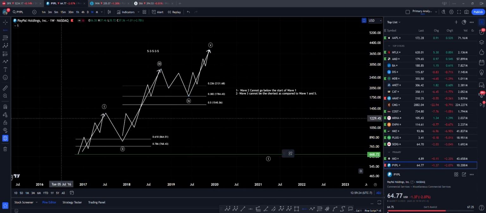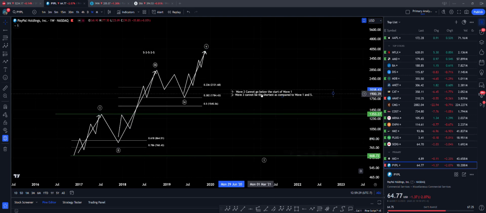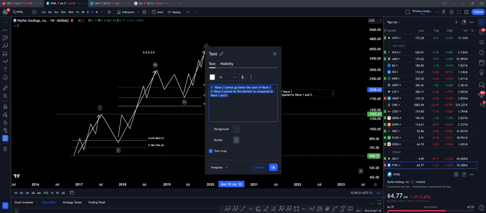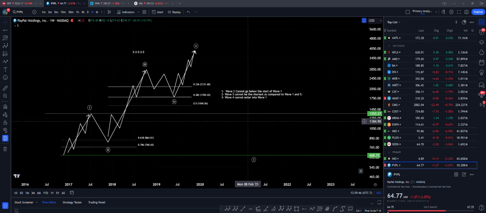That's the rule which should not be breached. If this was the breakout point, it's going to stay above that. Wave 4 cannot enter into wave 1. These are the very basic rules that should not be violated when you are marking something as an impulse wave.